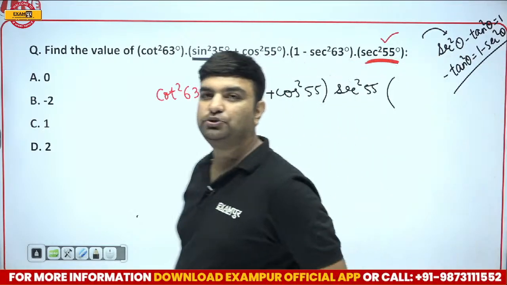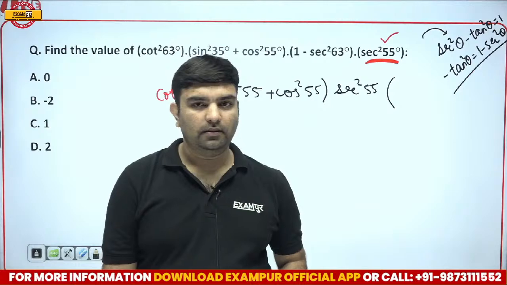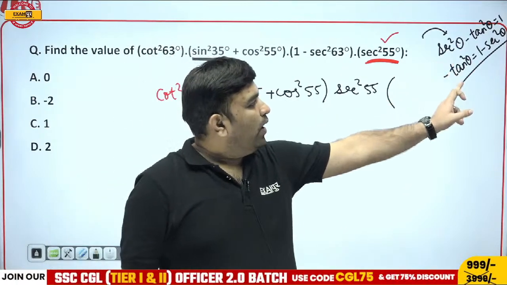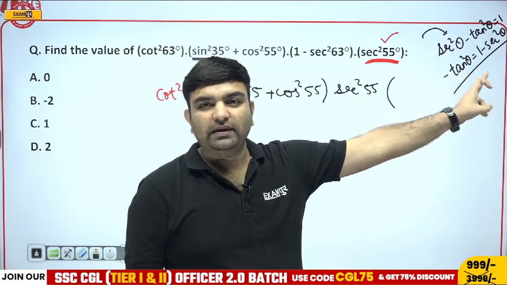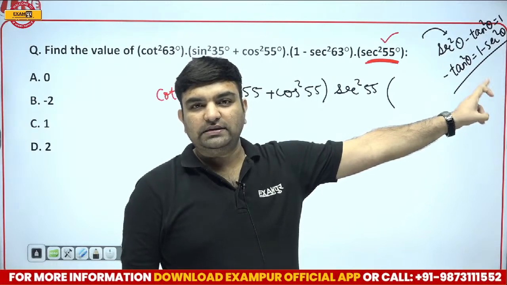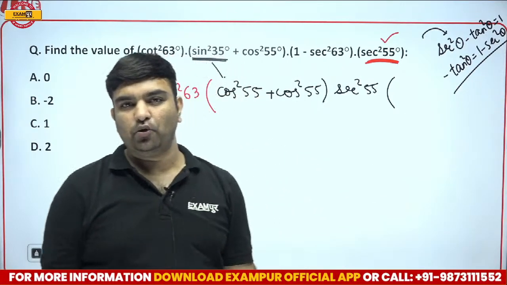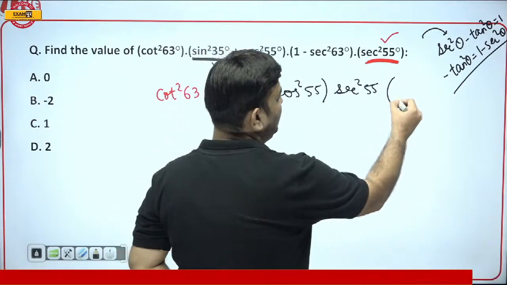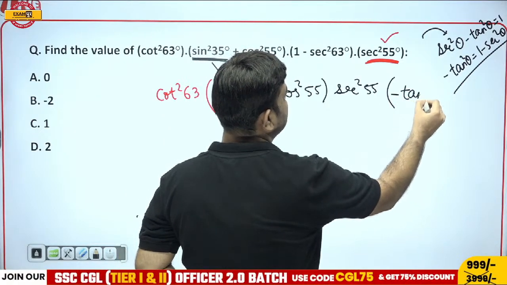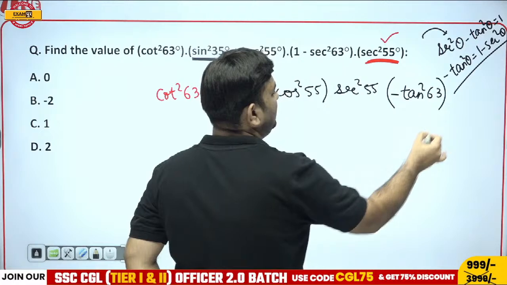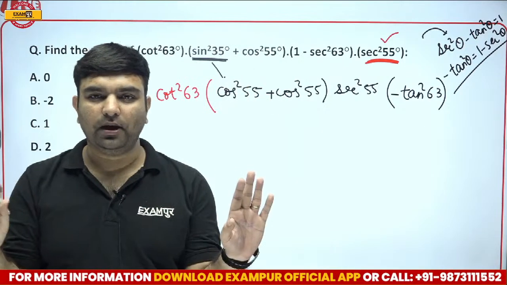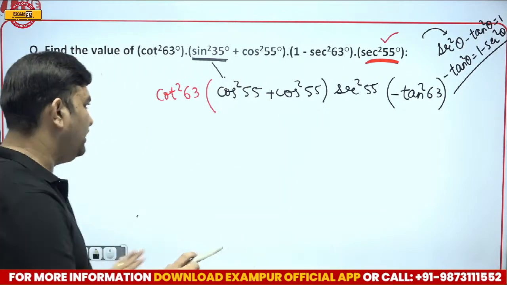99% of the students make the error over here. 1 minus sec square theta is minus tan square theta, so take it as minus tan square 63. Now everything will get sorted out.